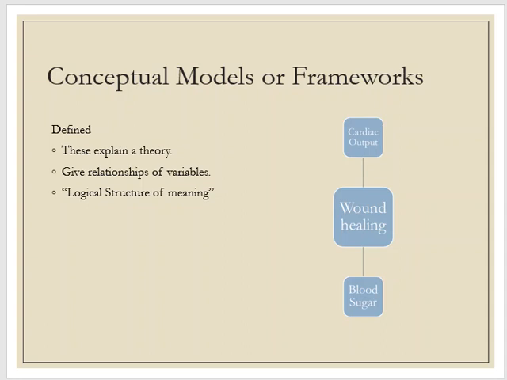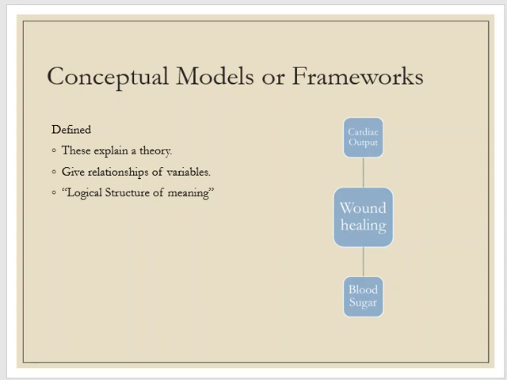So a research framework is an abstract and logical structure of meaning. The framework here is being used to describe the concepts and relationships in a study. So a model or a framework explains a theory and shows the relationships of variables to create that logical structure of meaning. These can be expressed as a diagram or an infographic showing the relationships. So I put an example here.